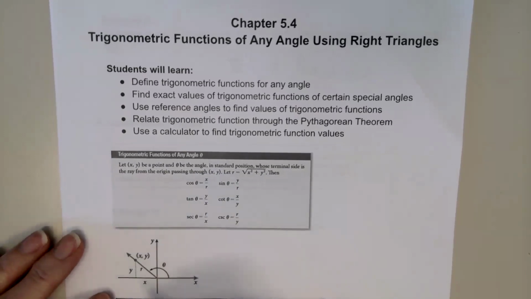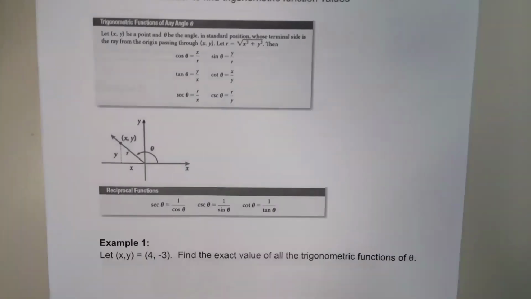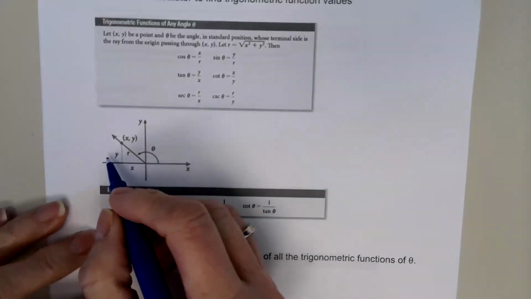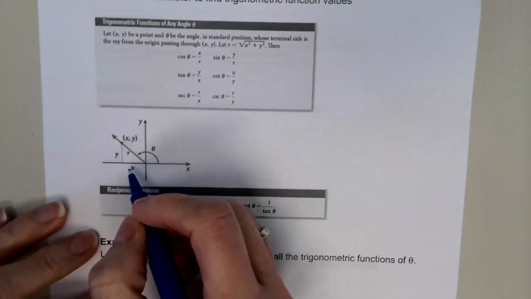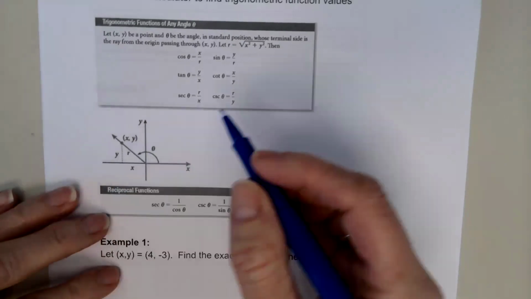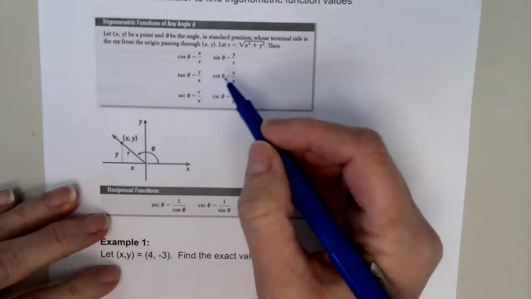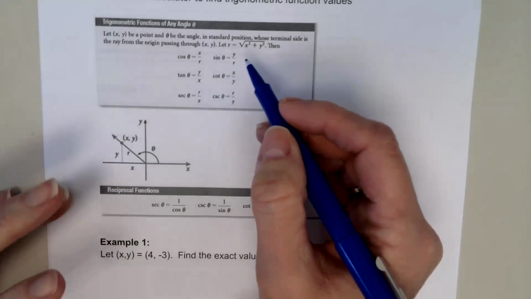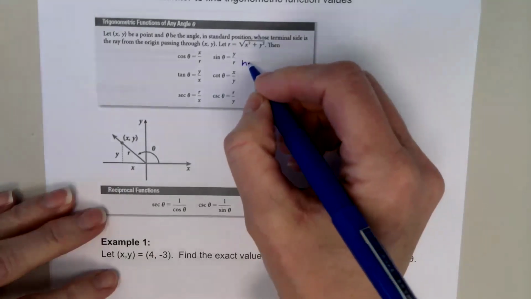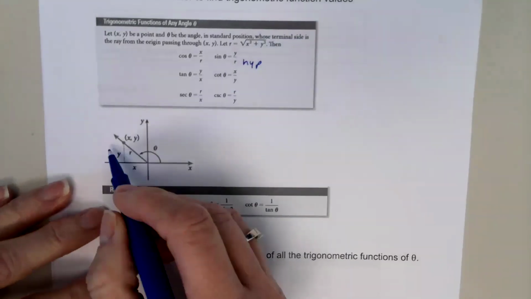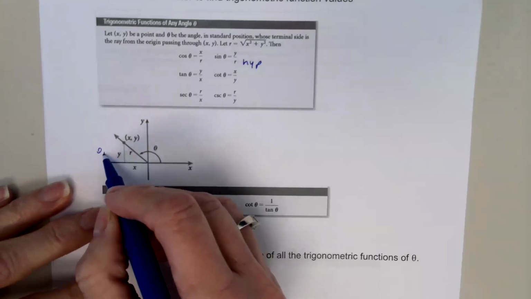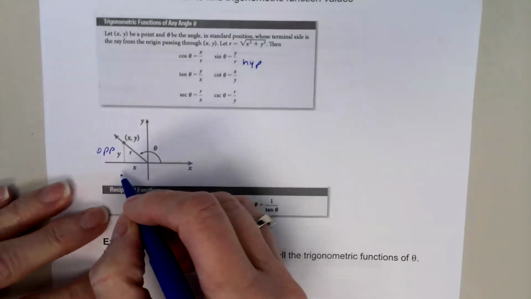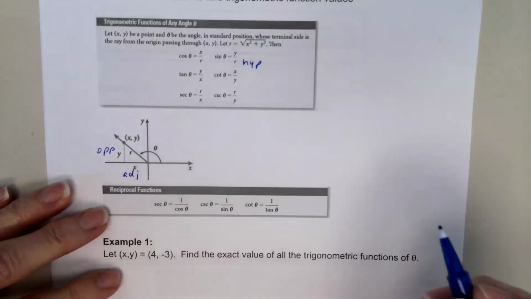Okay, so it's essentially what we've been looking at. It is the opposite over the adjacent for tangent. It is the opposite over the hypotenuse still, because r is our hypotenuse, basically. And in this case, y is the opposite value, and x is the adjacent.